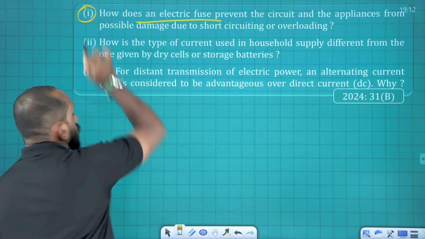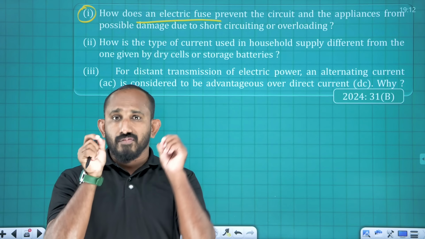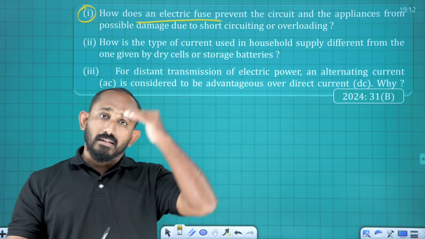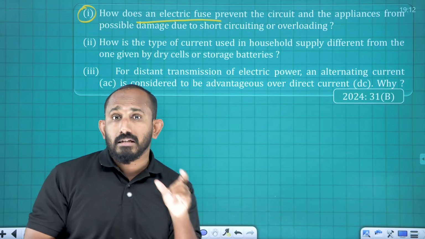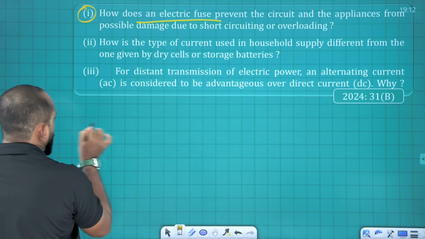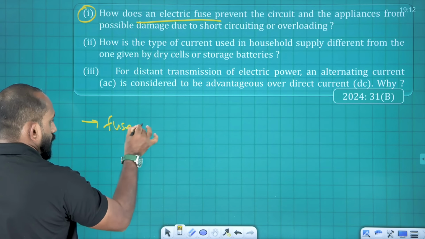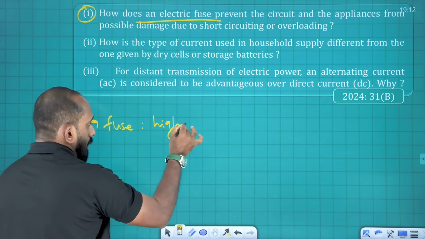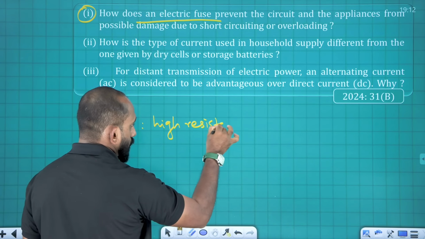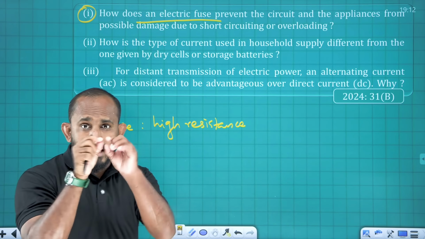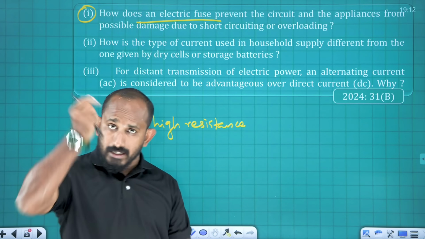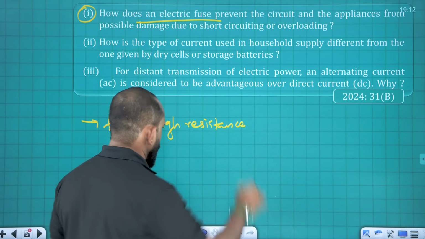The first part, electric fuse. Just I explain now, electric fuse is a safety device which has high resistance and low melting point. So that's very important, fuse wire. High resistance should be there, so it is made of thin wires, so resistance will be greater, area of course will be very less.